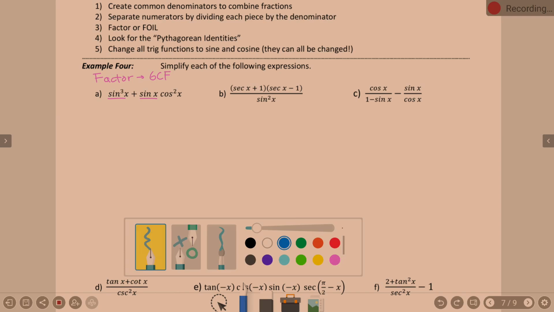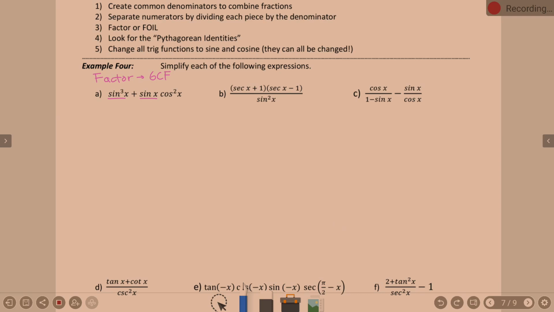So both terms have a sine in common, yes? So think GCF. What do we do? We put the GCF out front, and then what remains when we divide that GCF? So what is sine cubed x divided by sine of x? Sine squared x.